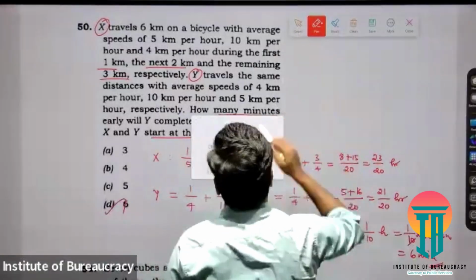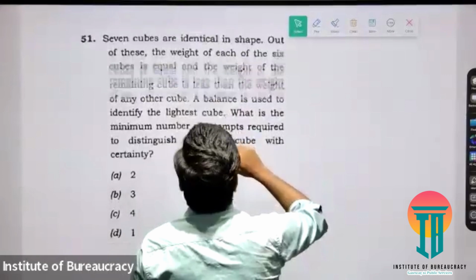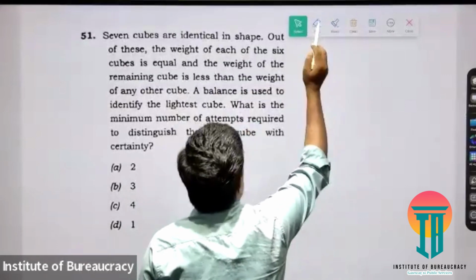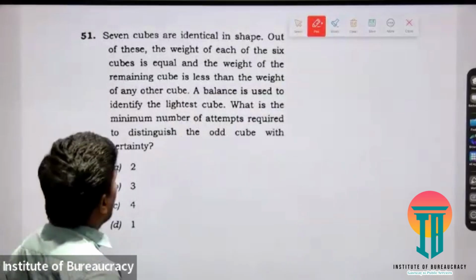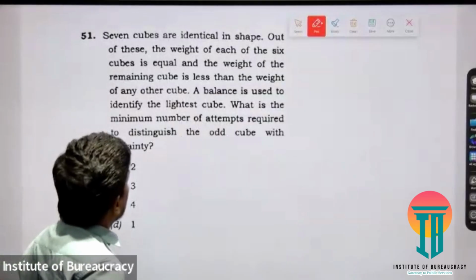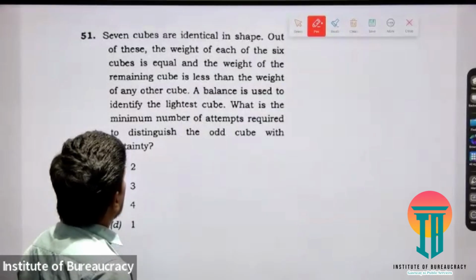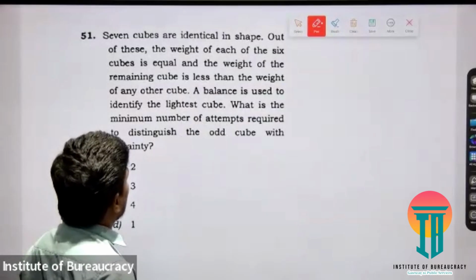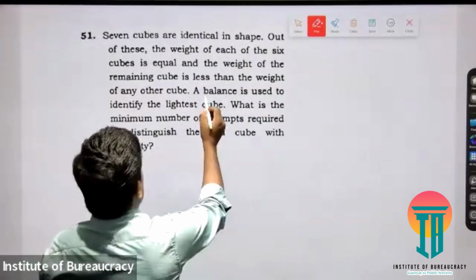The next one. Seven cubes are identical in shape. Out of these, the weight of each of 6 cubes is equal and the weight of the remaining cube is less than the weight of any other cube. A balance is used.